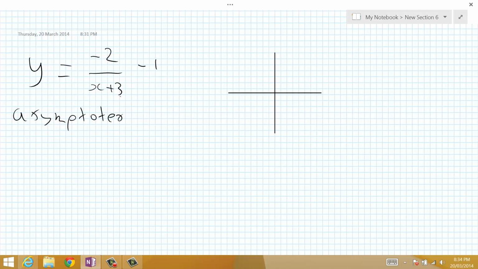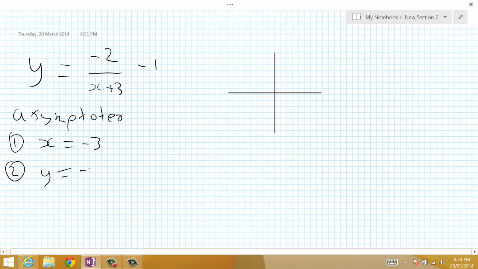So x plus 3 can never equal 0, so therefore our first asymptote is going to be the line x equals -3. For our second asymptote, we're going to note the fact that the fraction can never be 0 because the numerator is not 0. Therefore y can never equal 0 minus 1, so therefore y can never equal minus 1. That means our asymptote must be y equals -1.